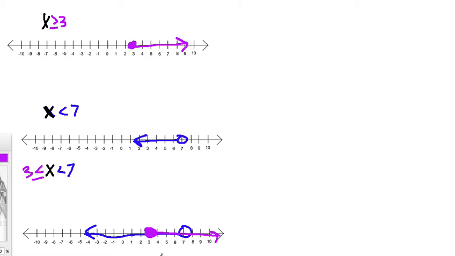My and statement, if we look again, is a statement where both things are true at the same time. So we're looking for numbers that are smaller than 7 and greater than 3. If I wanted to draw that inequality all together, I'm going to do it in green. It's where they overlap. So it's this graph right here, where it's between 3 and 7. That is what an and statement is, just this green part right here.